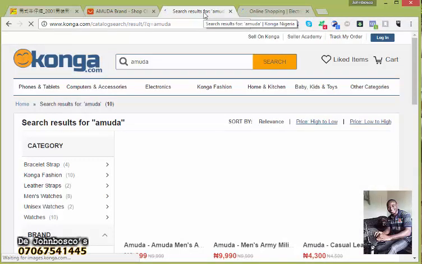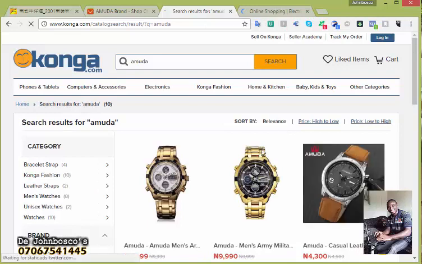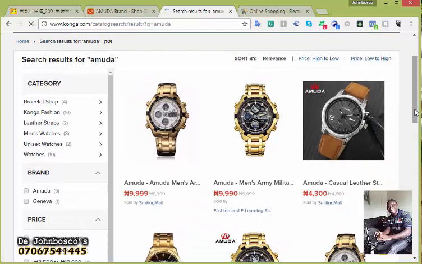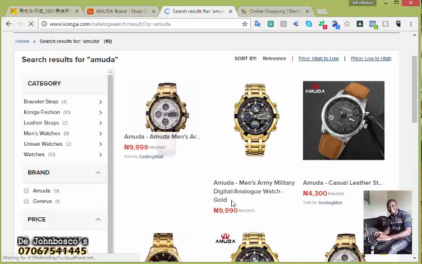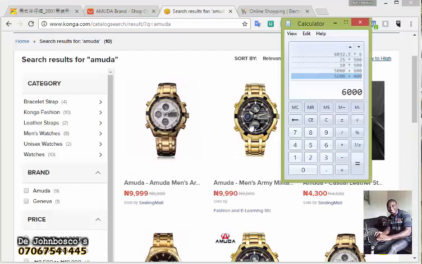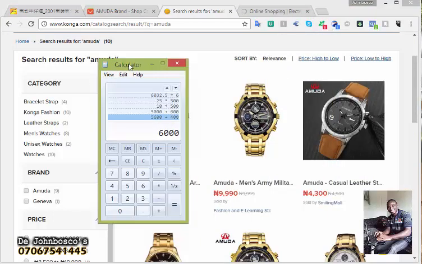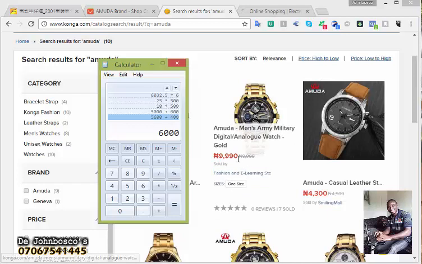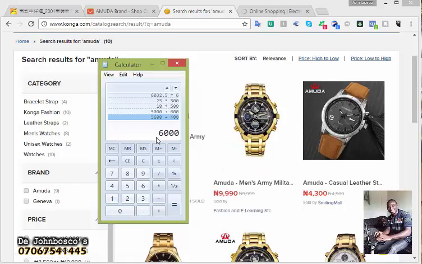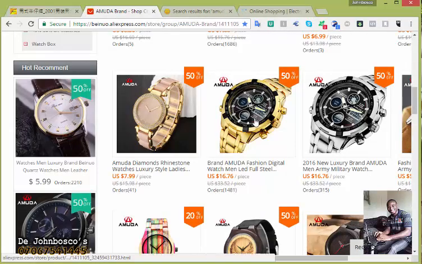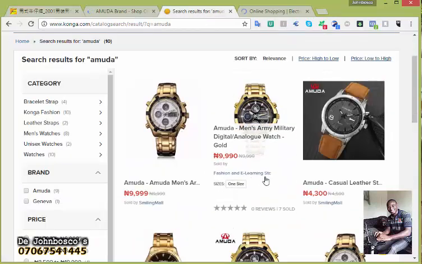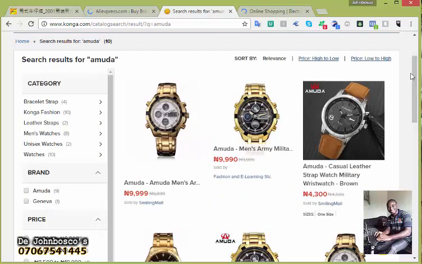Sometimes if you want to play some games, you will simply sell your own at 9,500 and you will start making more sales than the rest. Now, others buy this item at $16.76, which is about 8,380, plus our estimated shipping cost of 600, 8,980.